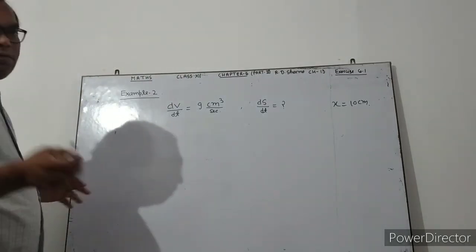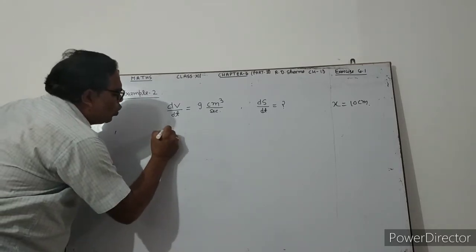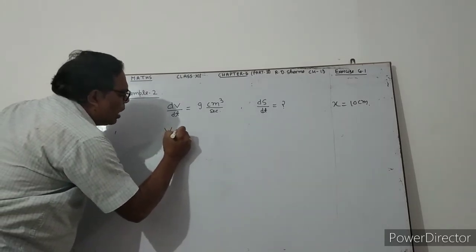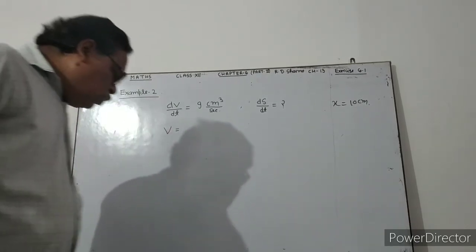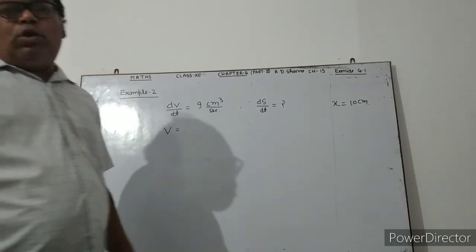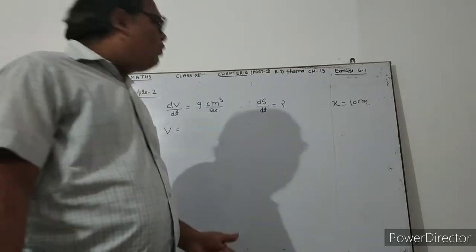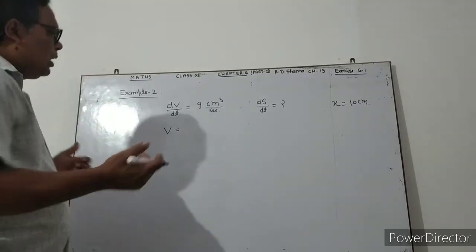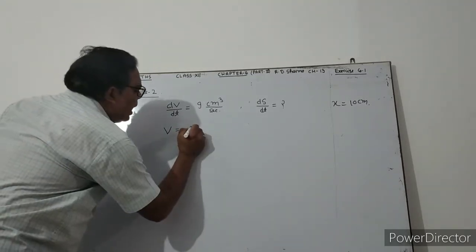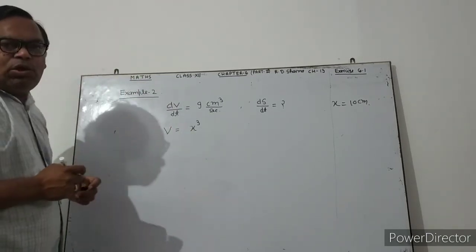Now, what is the volume of the cube? Suppose a length is x, then the volume of the cube is x cube. Now, V equal to x cube.